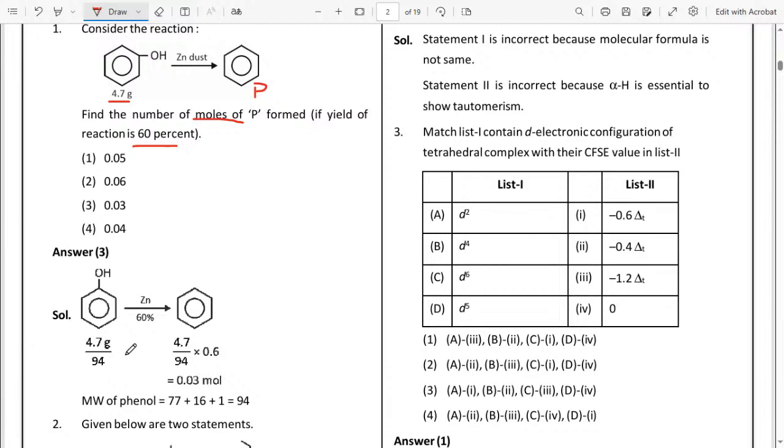How many moles is it? 4.7 into 2, right?